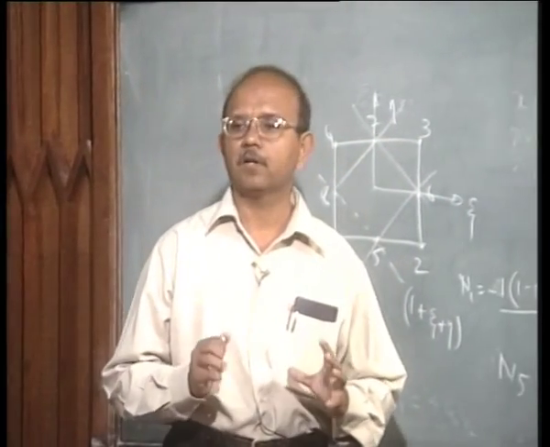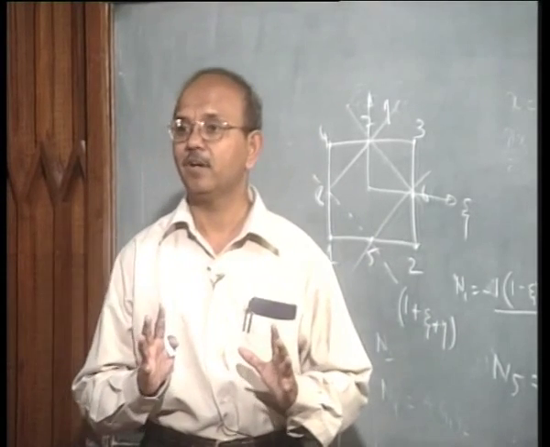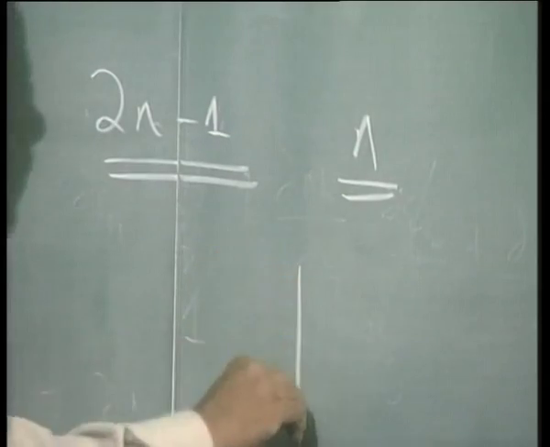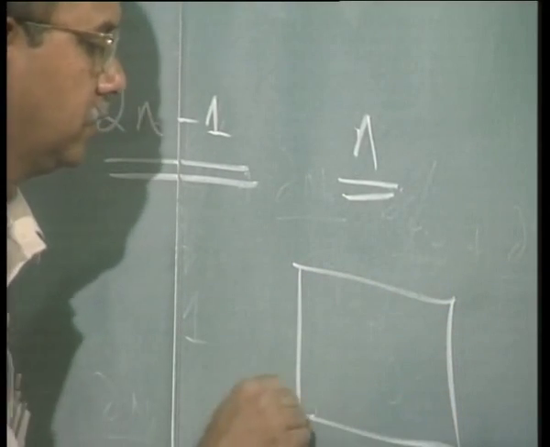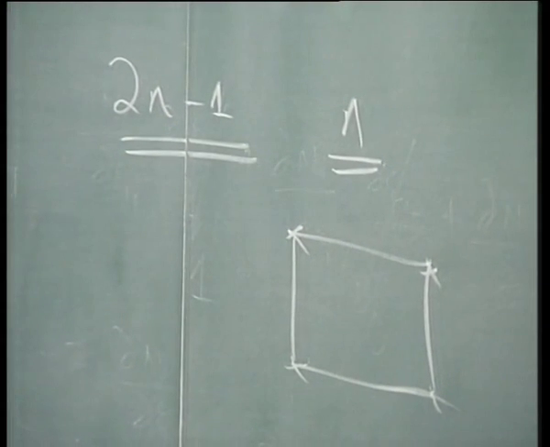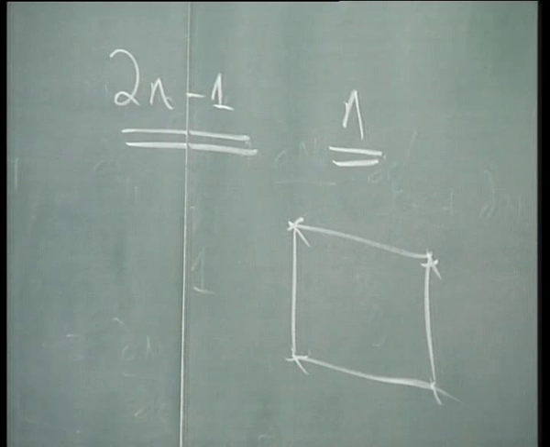But there are a lot of peculiarities to it. A lot of things are at play. For example, if you look at a nice element like this, remember that polynomials of psi and eta may be present.